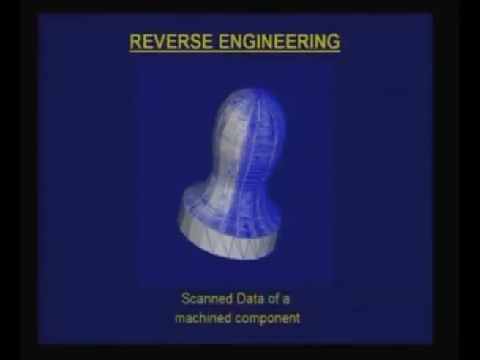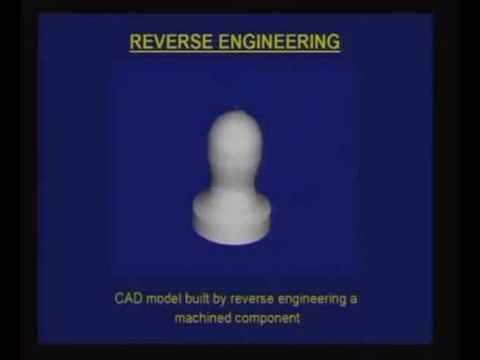So this is the actual data which has been scanned from the physical part, and the part which has been reconstructed is here. An interesting thing you see here is that if I take enough data points, I can even get the marks left by the cutting tool when this part was machined. That is the texture of this particular part.